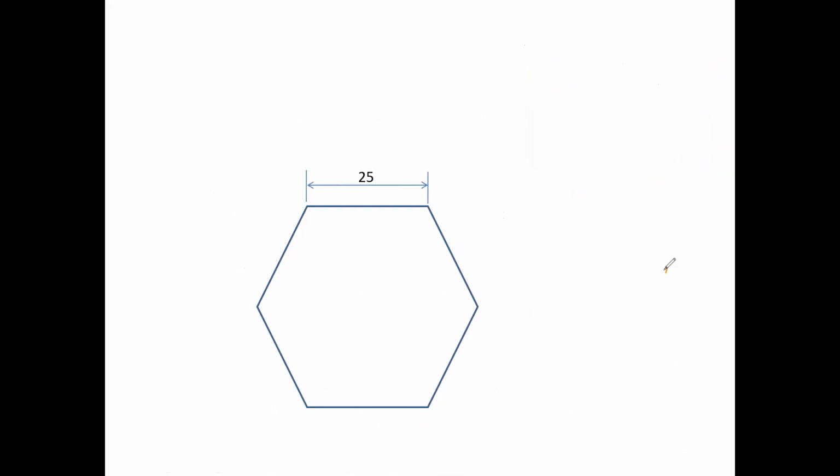Next, you need to connect the points. So what you do? Draw the horizontal line, draw the vertical line.